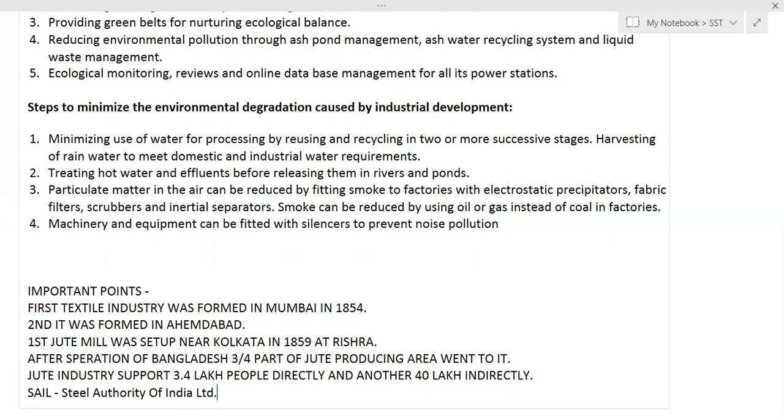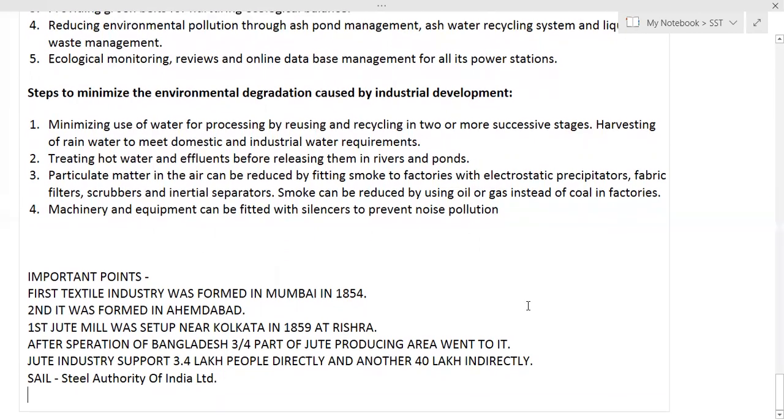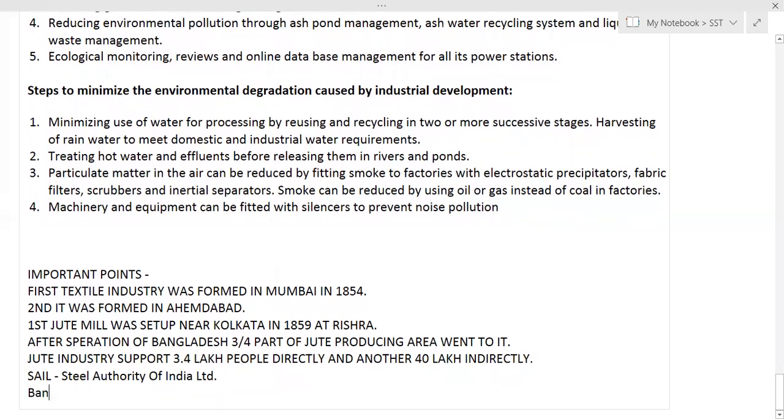Bangalore is known as the Silicon Valley of India.